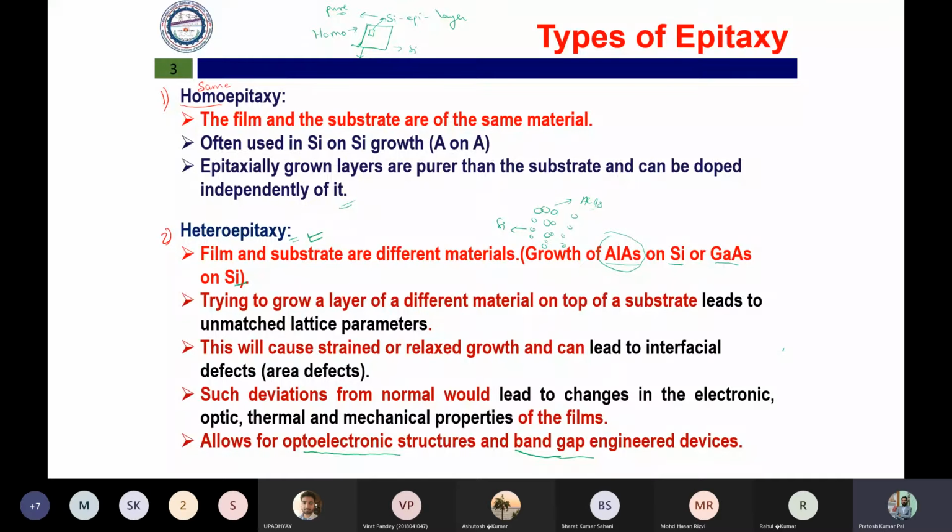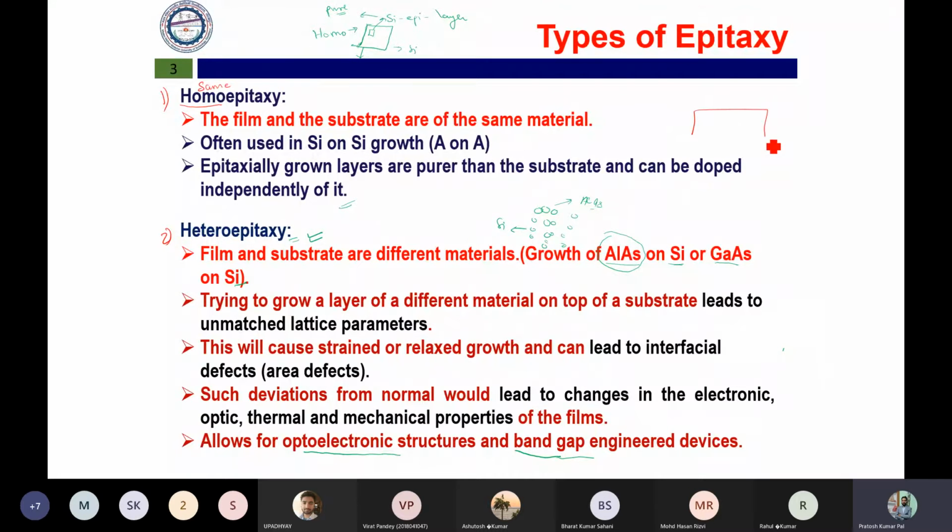So homoepitaxy means a silicon substrate is there, and if we are depositing a silicon layer onto the silicon substrate itself, that will be considered as homoepitaxy. That means the substrate and the film that we are growing should have the same material type. The substrate could be either p type or n type.